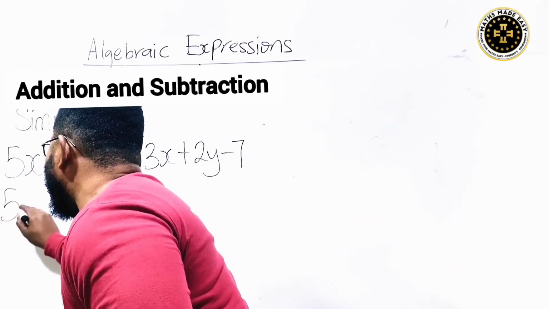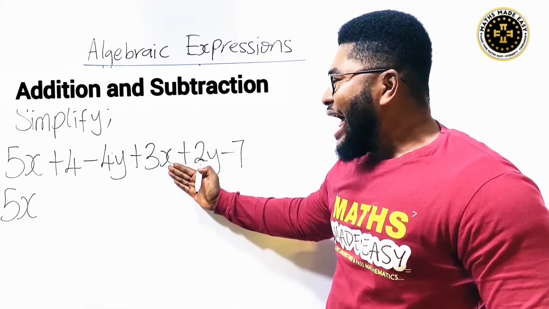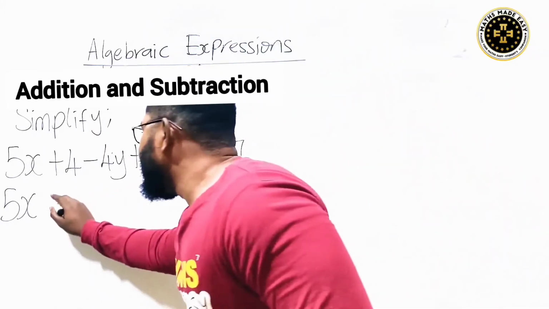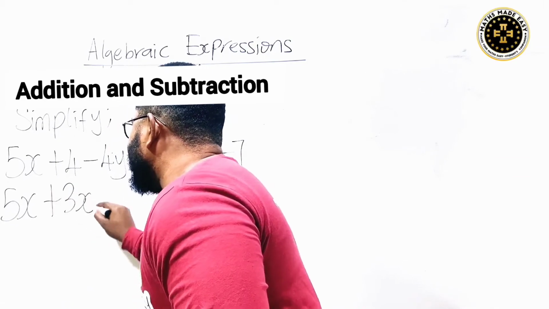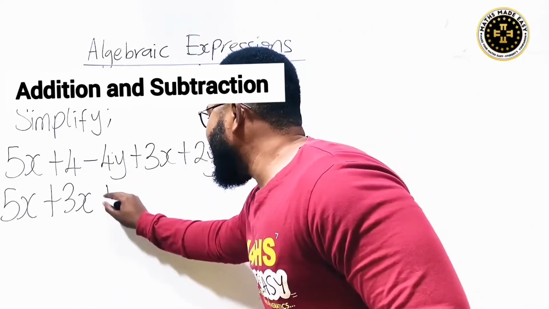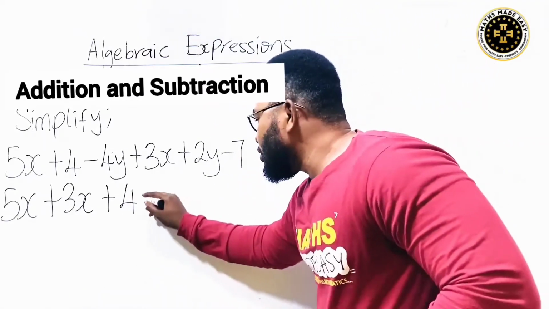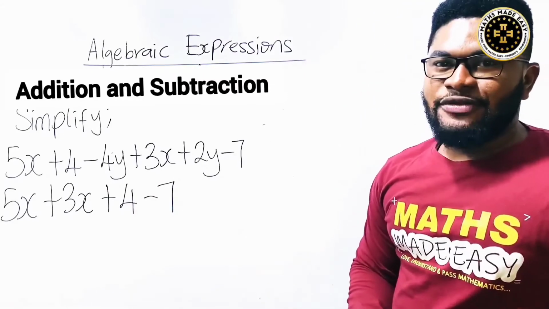I have 5x as my first term. The like term to 5x is plus 3x. So plus 3x. I have a constant plus 4. So plus 4. We have the constant minus 7. So minus 7. They are the like terms for the constant.